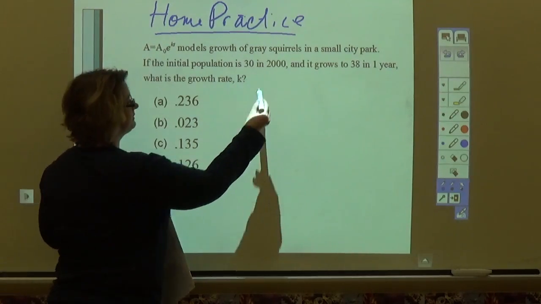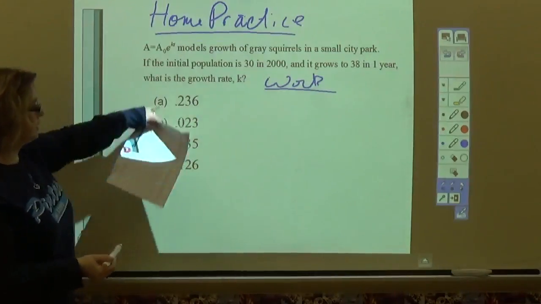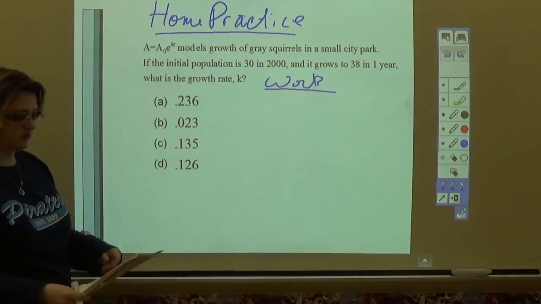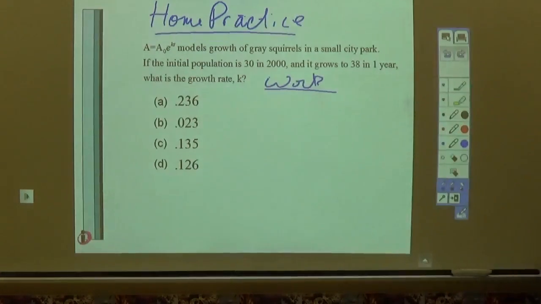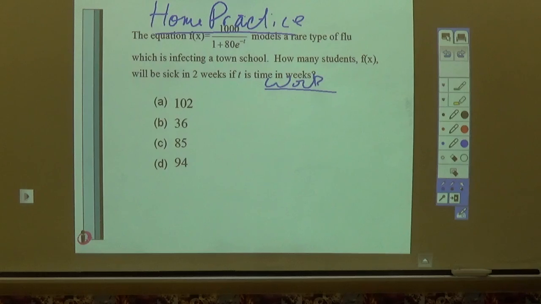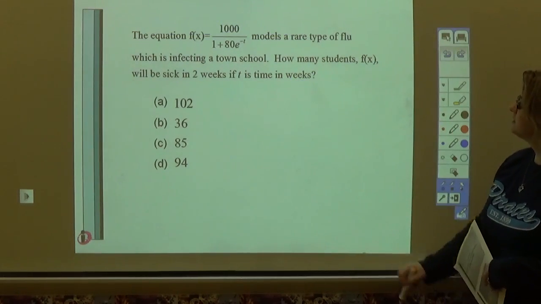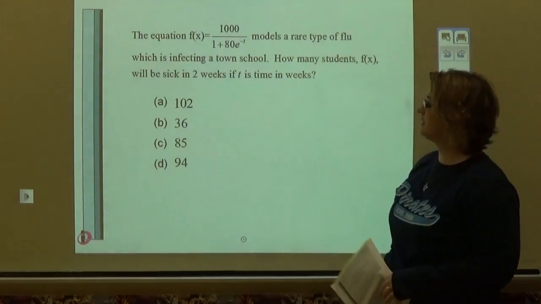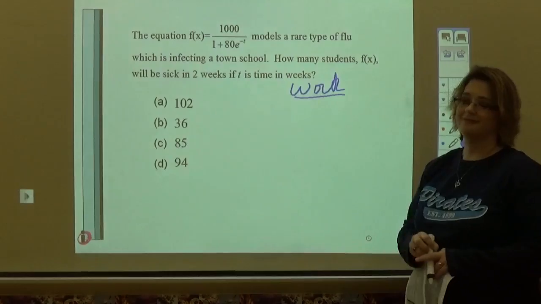Now you need to make sure that you have some work here. I want you to actually work out this problem, but your answer should be in these multiple choice answers. And then you have a logistic growth problem next that I would like for you to try. Those are your 2 home practice problems. You're basically just going to plug in there. So try this. Please do the work. Thank you.